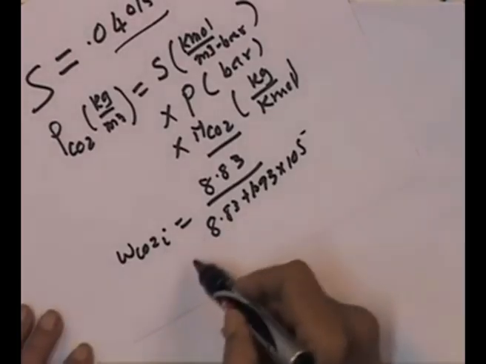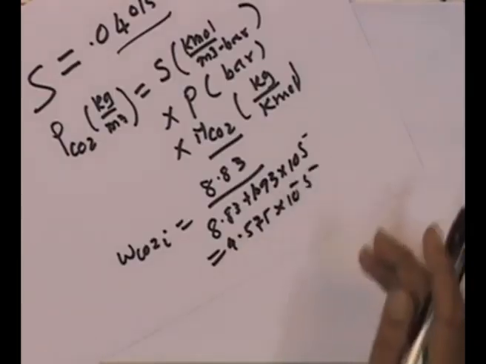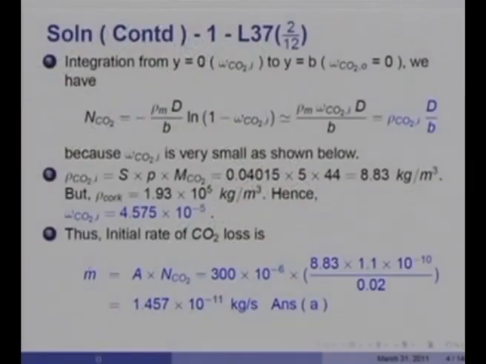So, that gives you equal to 4.575 into 10 raised to minus 5. And therefore, the initial rate of loss of CO2, m dot, will be the area of the cork multiplied by n CO2. The area of the cork is 300 millimeter square, and therefore, this will be 300 into 10 raised to minus 6 meter square. 8.83 is the density, 1.1 into 10 raised to minus 10 is the diffusivity divided by the height dB.